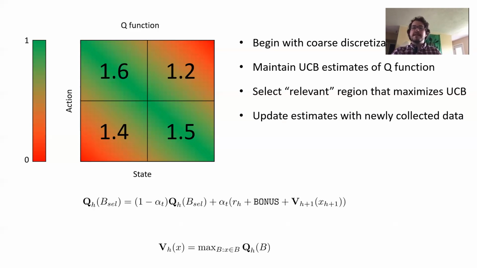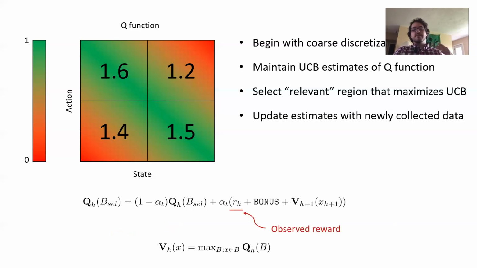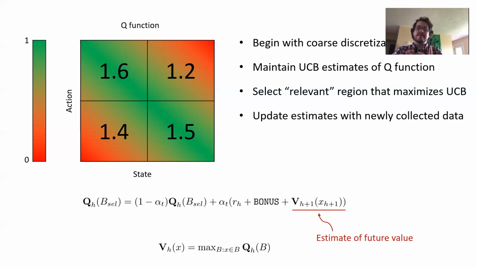And how we update our estimates is presented at the bottom here. You can think of it as taking a linear combination of the old estimate plus a combination of the observed reward, a bonus term, which again is very common for multi-arm bandits, and an estimate for the future value for being in the next state.